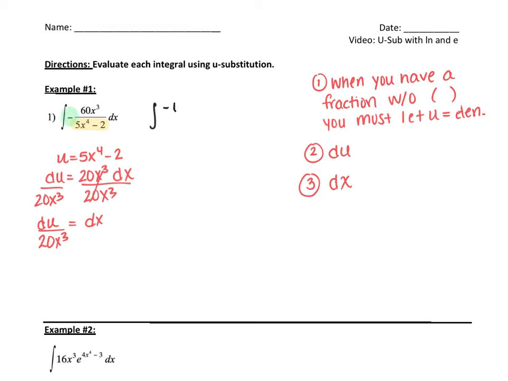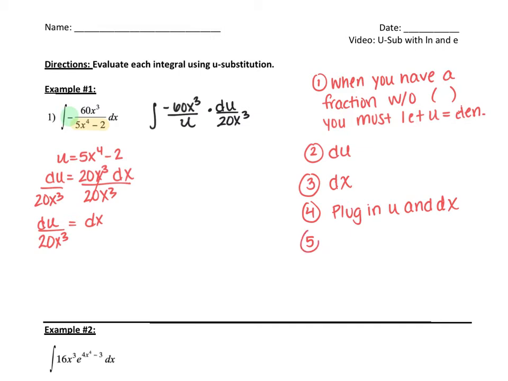So I'm going to say negative 60x to the third over u, because I let u equal the stuff that was on the bottom. And I'm going to replace dx with what it's equal to, du over 20x to the third.